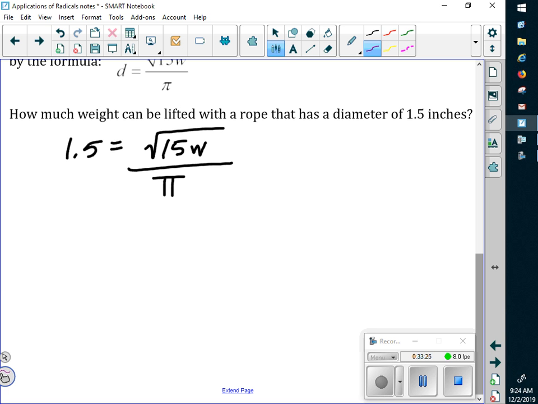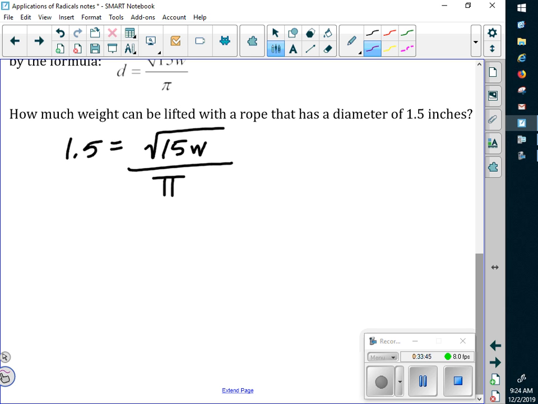Look, on the right side, now Gabe's already figured it out. On the right side, what's happening with that pi? How do you get rid of dividing by pi? You multiply by pi.